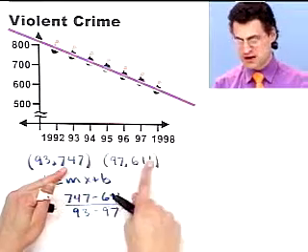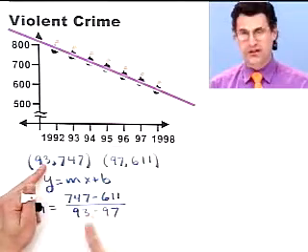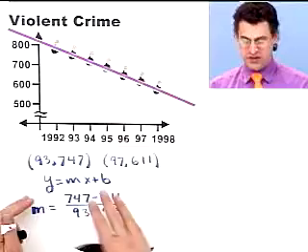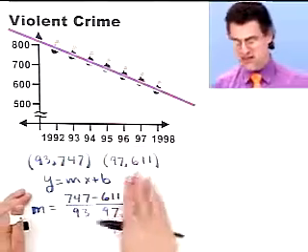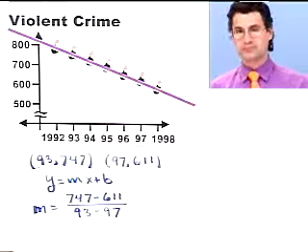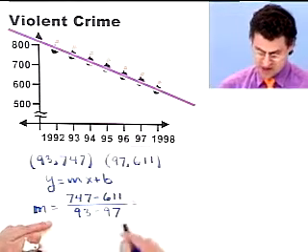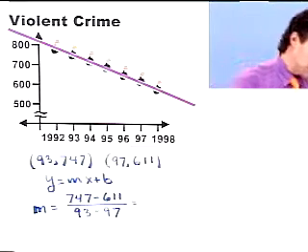Important point right now. If you decide to subtract this y value, this minus that, then you have to use the exact same order, this minus that, for the bottom. You can't switch them around, otherwise you'll get a wrong answer. So now you just compute this thing, and so let's do that. I've got a calculator here.